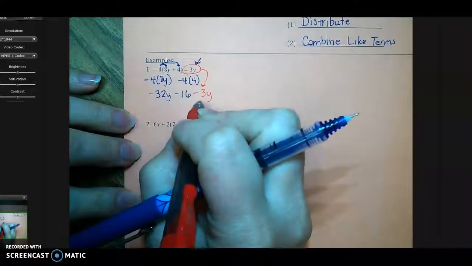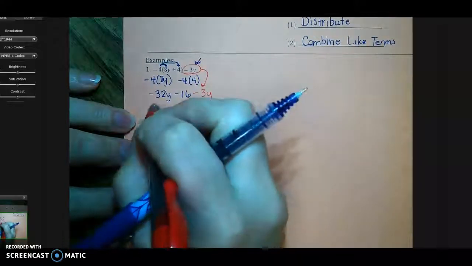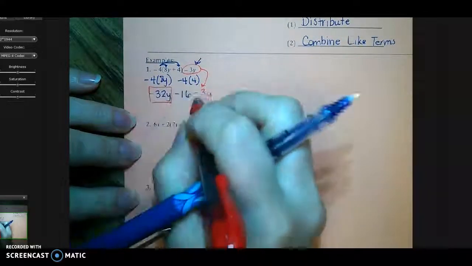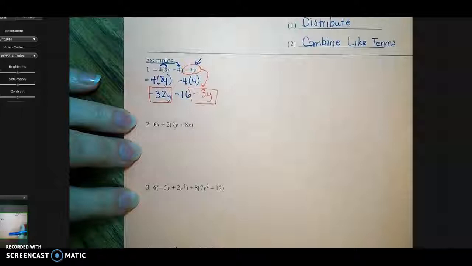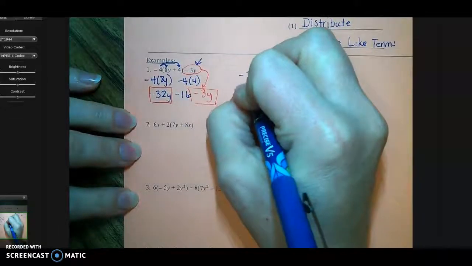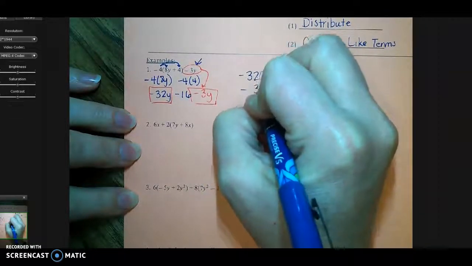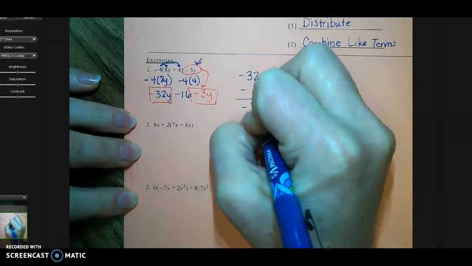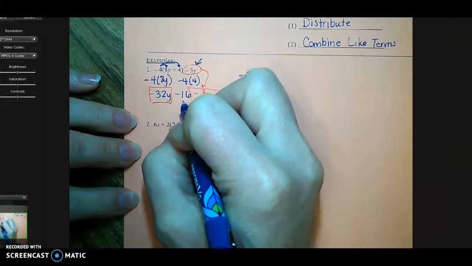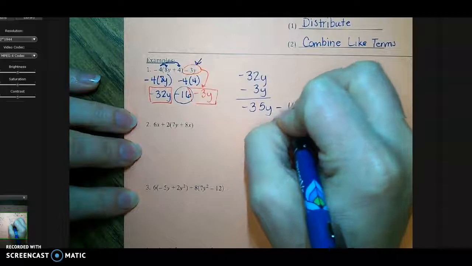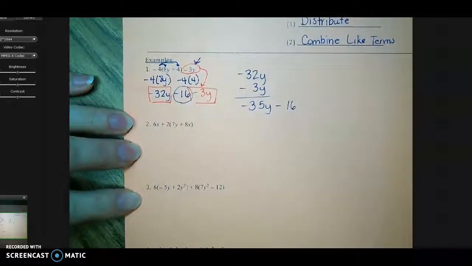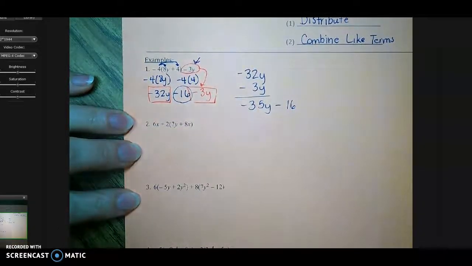Oh, these both have the same variable to the same power, so I need to combine my -32y and my -3y. And remember, I can always go -32y, -3y gives me a -35y. And then all I have to do is make sure I add in the constant that I found. So my answer is -35y minus 16.